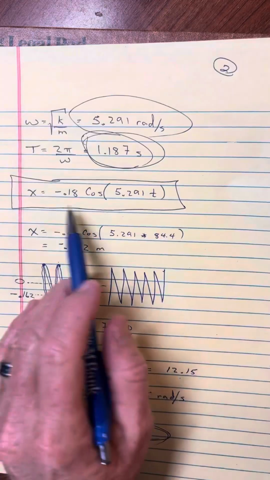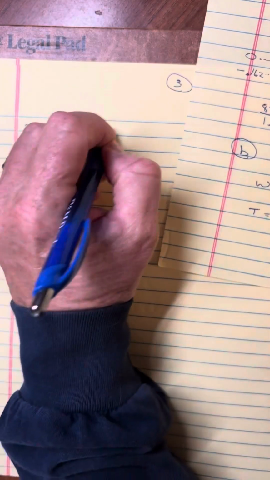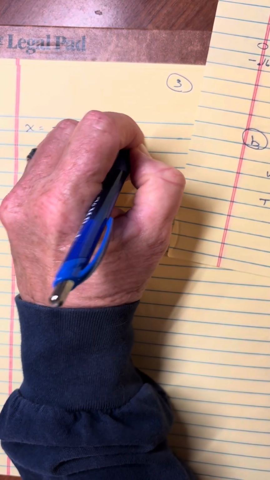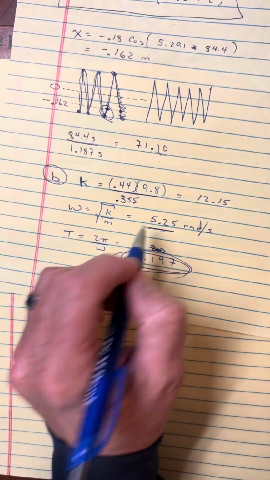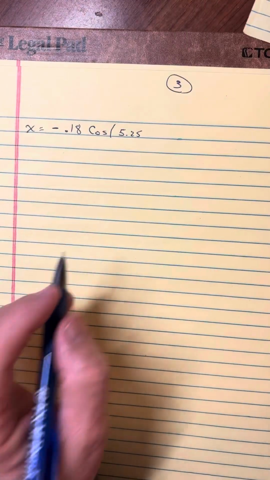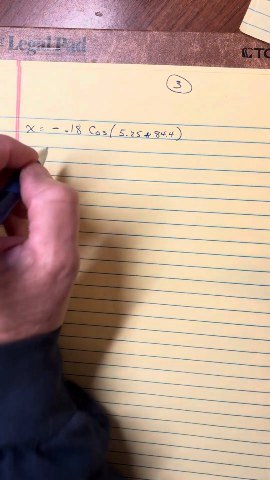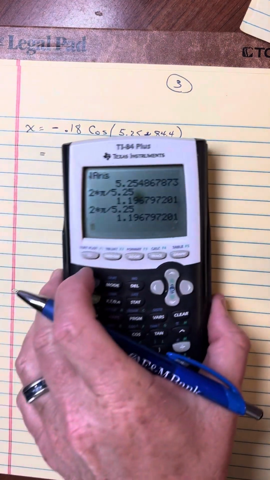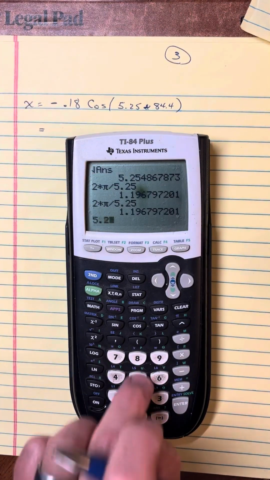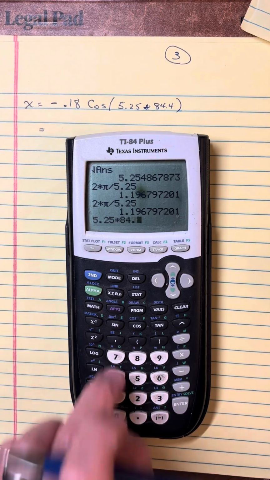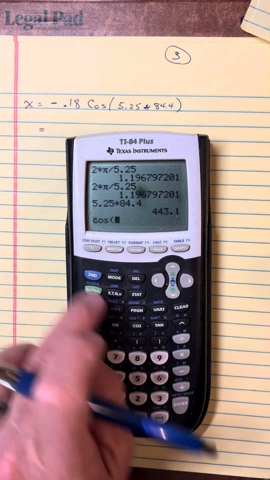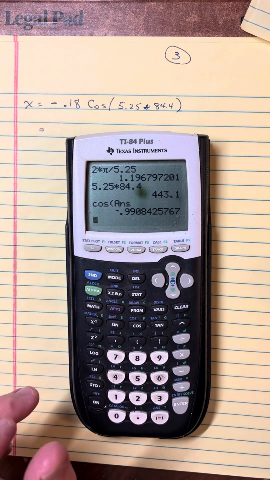And so just like we did back on page 1, where we had this equation, this would now be 5.25, a slightly different angular frequency with a slightly different period, multiplied by a time of 84.4 seconds. And so we get 5.25 times 84.4, and then we get cosine of that number.